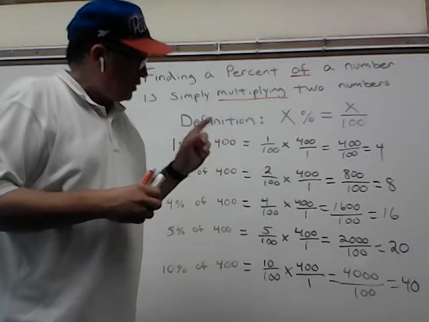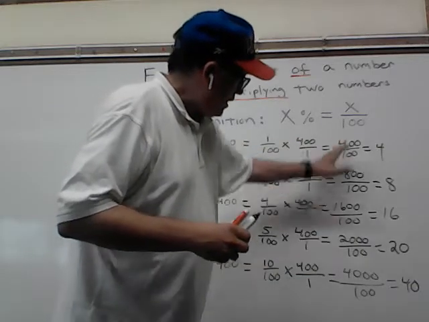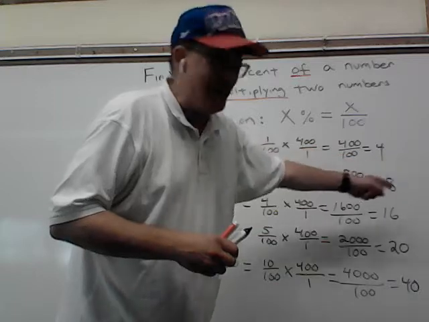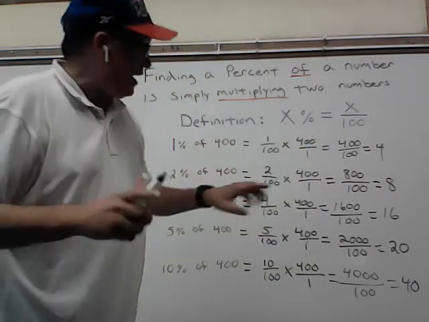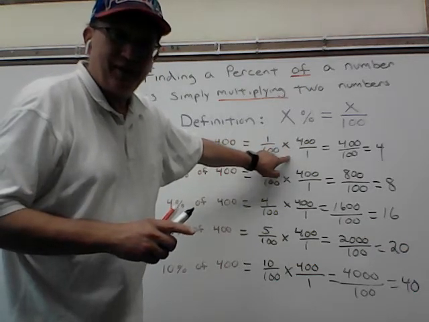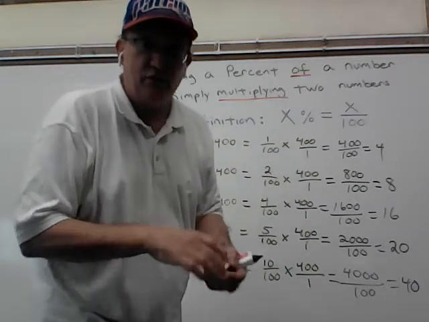But I want to make sure you fully understand this point. Our last step involved divisions to simplify these improper fractions, right? To do 400 divided by 100 to get 4. But that doesn't change the fact that the problem was a multiplication. All right? That's going to be an important point as we go into the next phase of this video.